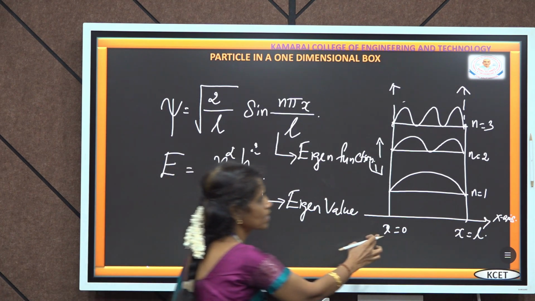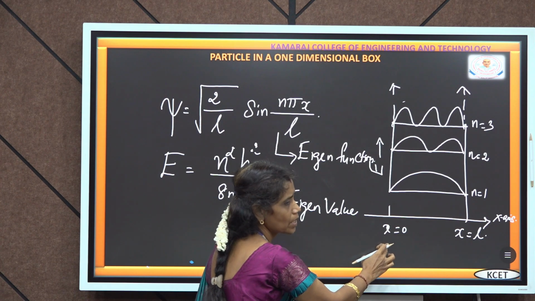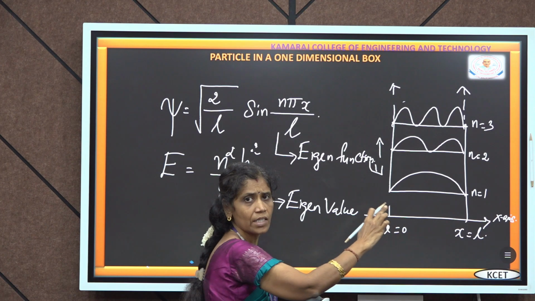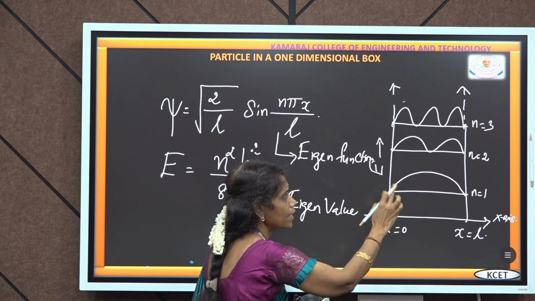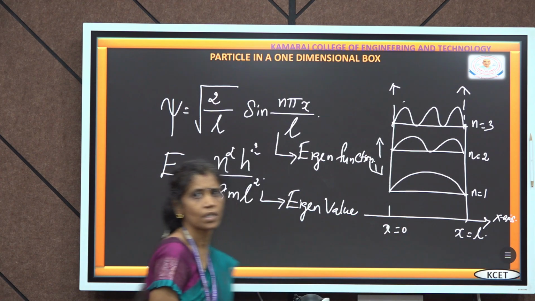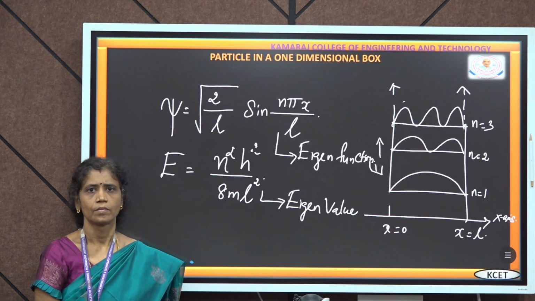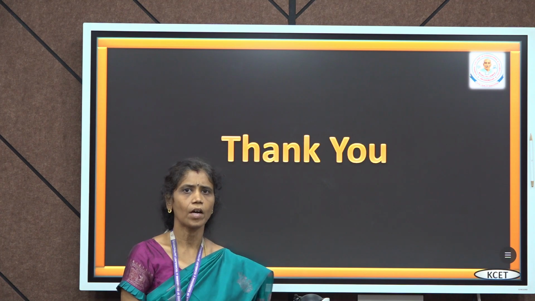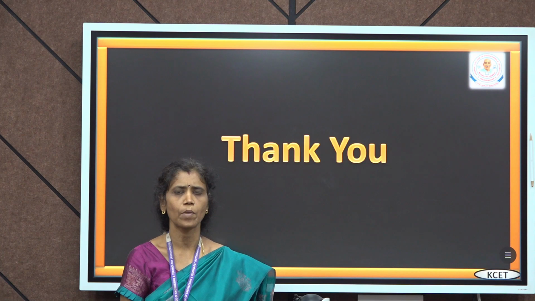The diagram represents the energy value of the particle in the one dimensional box when we substitute the values of n as 1, 2, 3, etc. This is the sample for the energy value up to 3. Thus, we have obtained the wave equation for the particle in the one dimensional box and its energy eigenvalue.